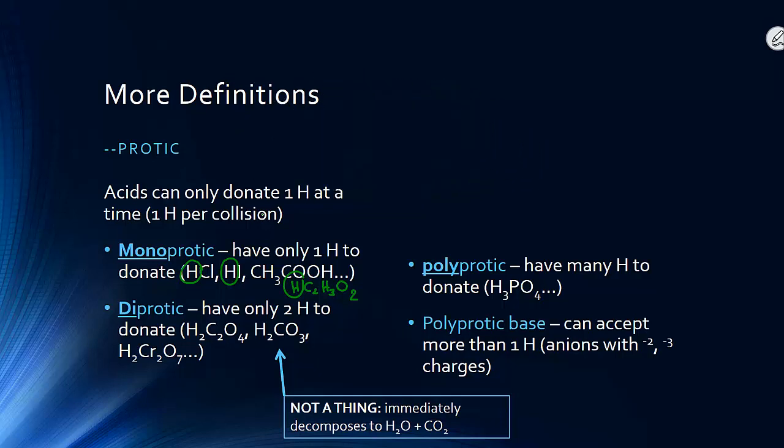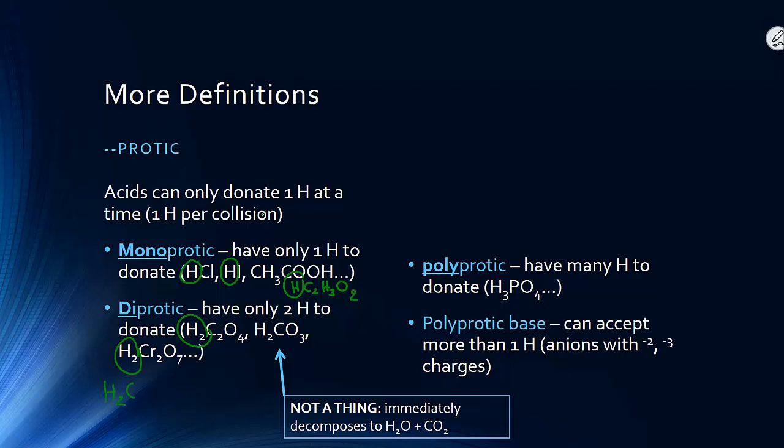Something that is diprotic would have, you guessed it, 2 hydrogens it can donate. So for example, oxalic acid or dichromic acid. There are 2 hydrogens that they can donate. They will only donate 1 at a time.